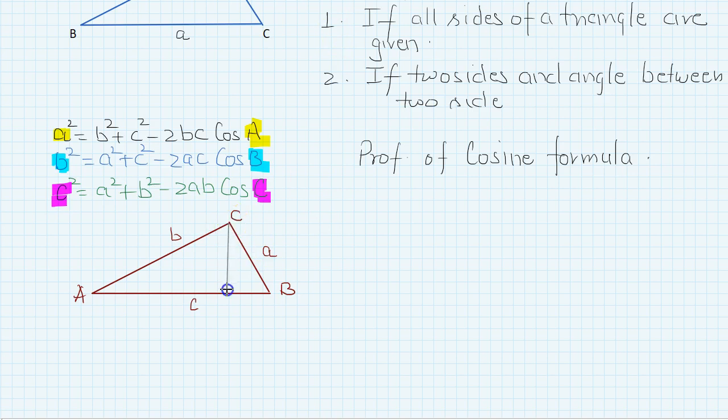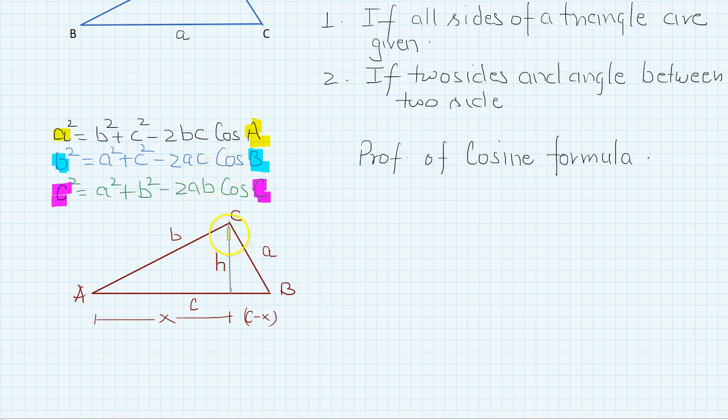Let's draw a perpendicular from here to here. Let's assume the height is h. Let us say this side is x. So the remaining side will be c minus x.